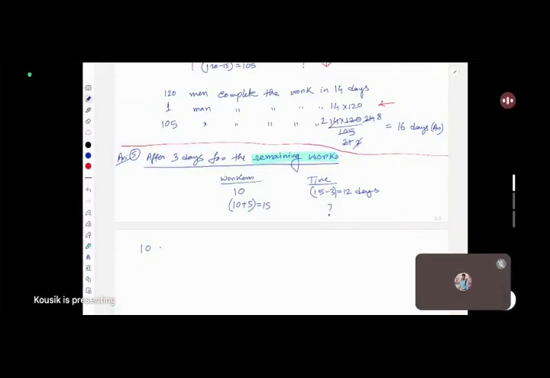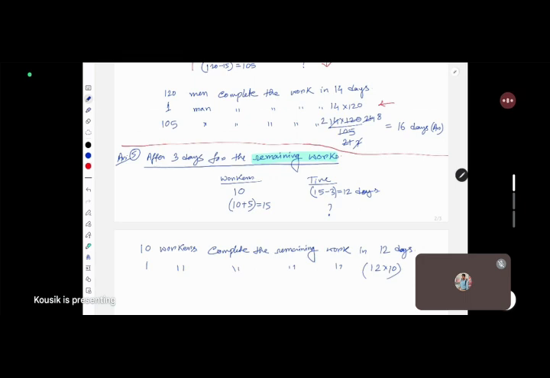কমবে কমবে, that will be decrease. 10 workers complete the remaining work in 12 days. So one worker completes the remaining work in 12 into 10, it should be multiplied.